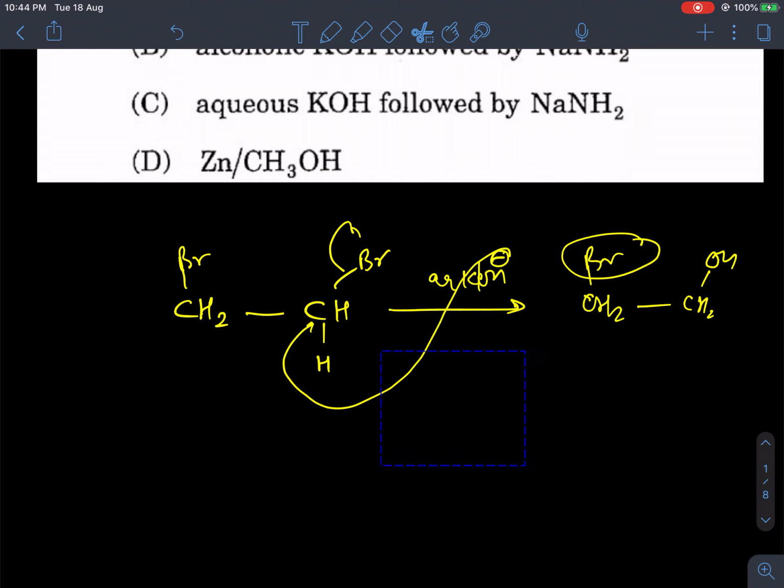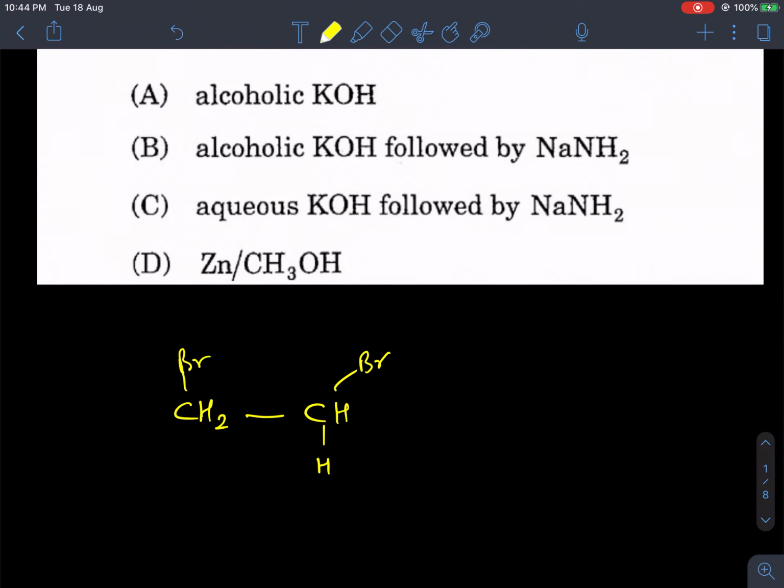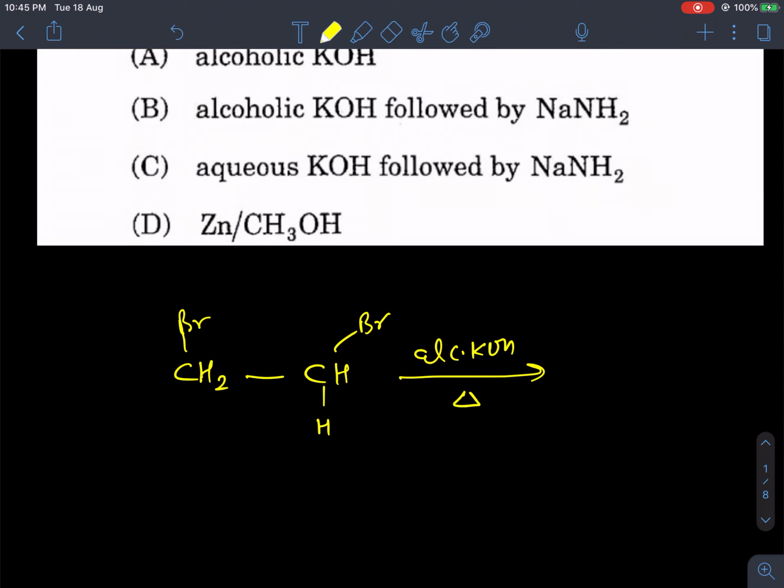So if you have to form a pi bond, then obviously you have to avoid substitution and prefer elimination. The first thing that you can take here is alcoholic KOH. Of course, to make it better, heating is also preferred. Then the base will attack, and simultaneously Br will be removed through the transition state. So it will follow the E2 mechanism, and you are going to get an alkene.